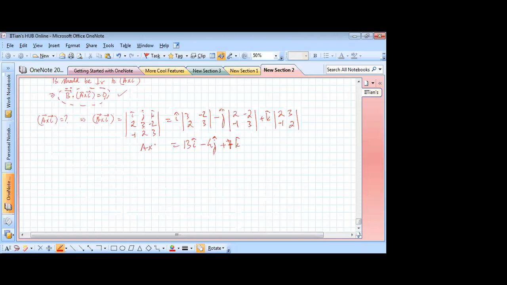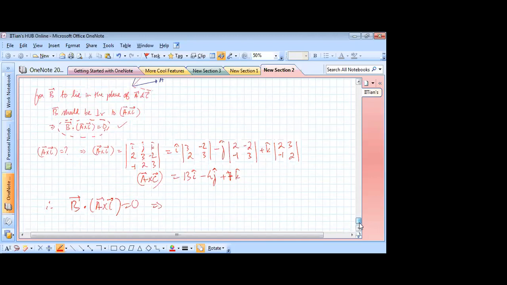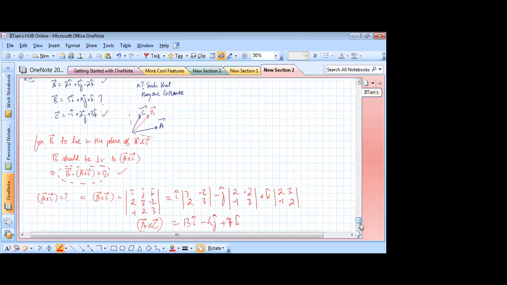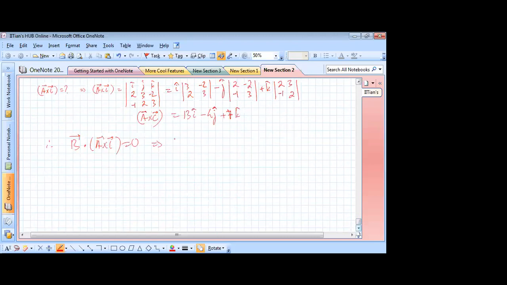So this is A cross C. Therefore, B dot A cross C equals 0 means that the vector B, which has components 5, n and 1, that is 5i cap plus n j cap plus k cap, its dot product with A cross C, which is 13i cap minus 4j cap plus 7k cap, should be 0.